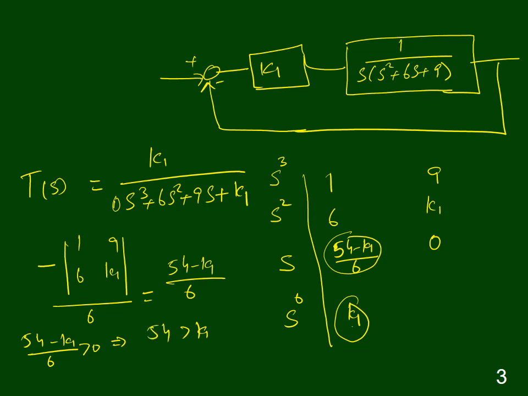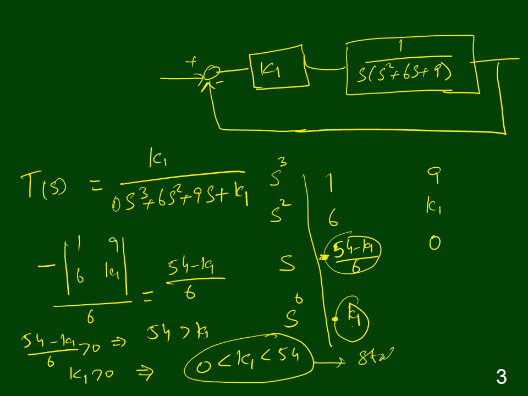For stability, all of the first column elements should be positive, so this will remain positive whenever K1 is less than 54, and here K1 is greater than 0. So it gives us the condition that if K1 is less than 54 and greater than 0, the system will remain stable. So this is the stability condition.